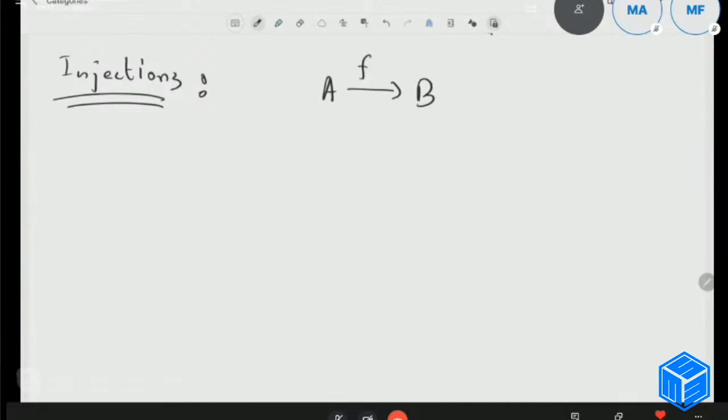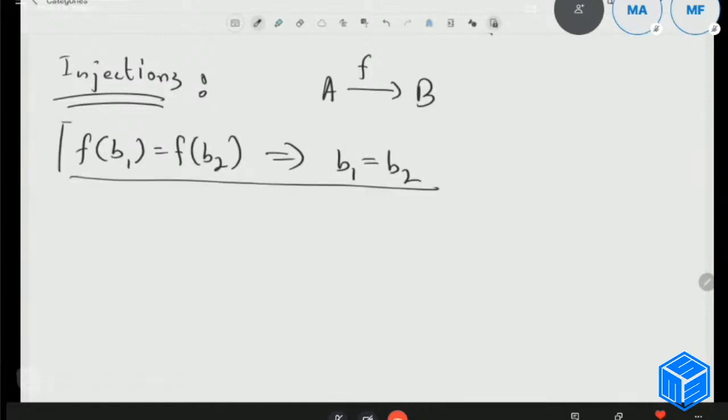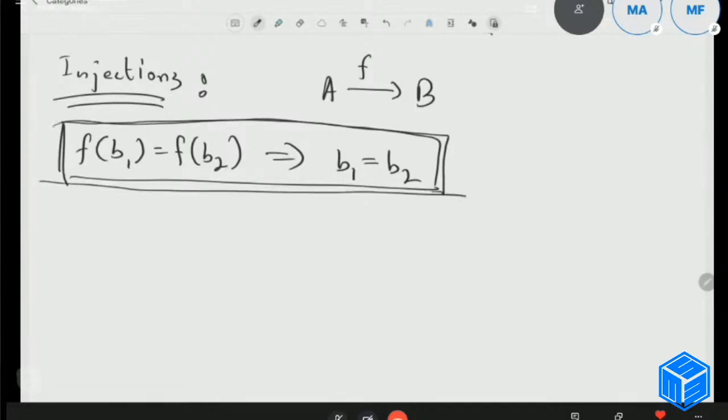For all B1, B2, F of B1 equals F of B2 implies B1 equals B2. That's the definition of injection. Do we agree? Yes. Cool.